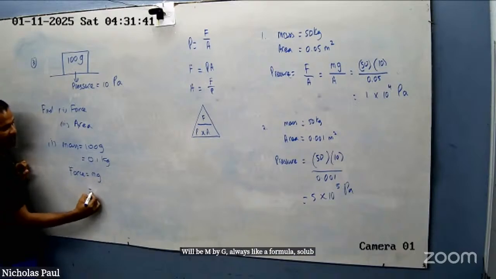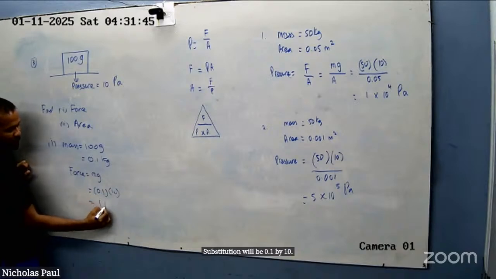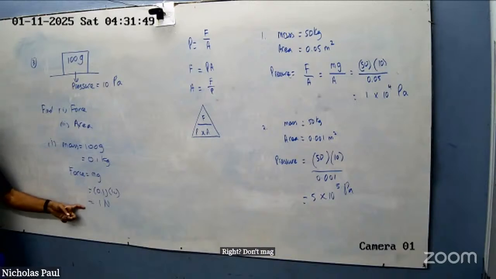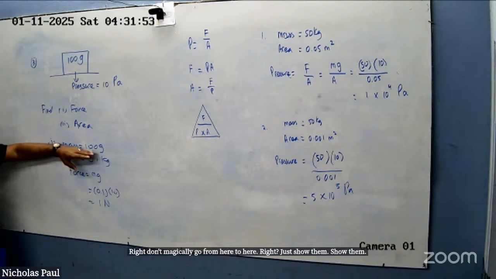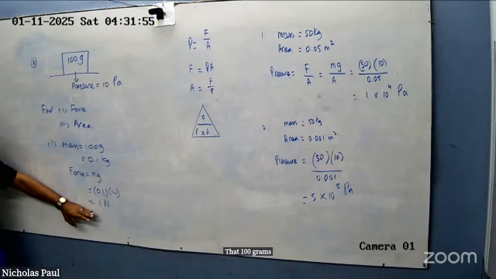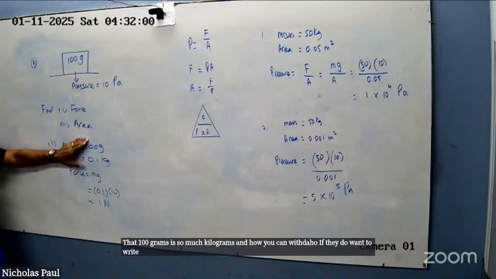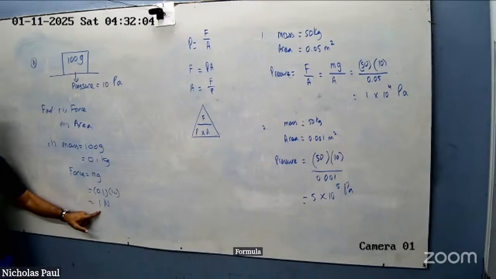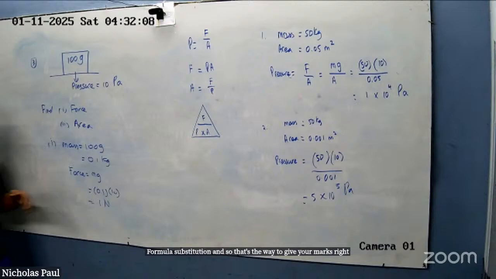Substitution will be 0.1 by 10 is equal to 1 Newton, right? Don't magically go from here to here. Show that 100 grams is so much in kilograms and how you get the force. If you don't want to write this, that's okay, but formula, substitution, answer is the way they give you marks. If you found something shorter, that's okay.